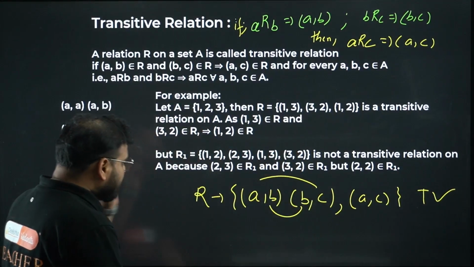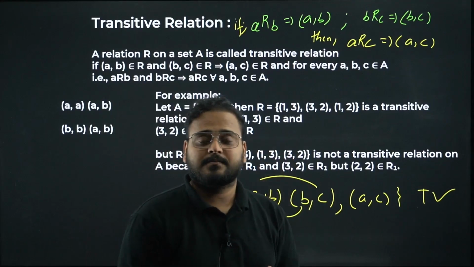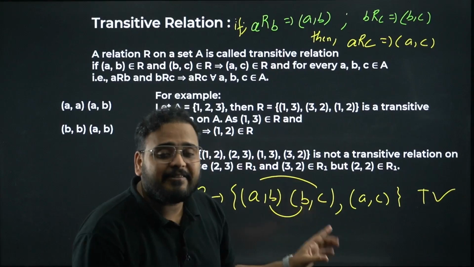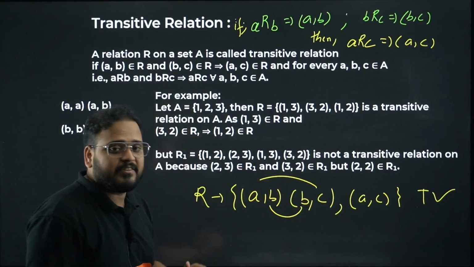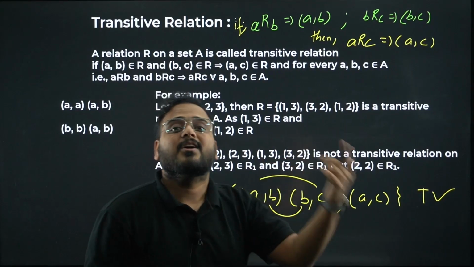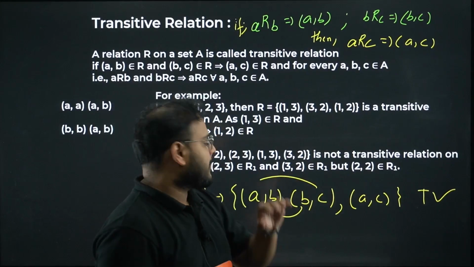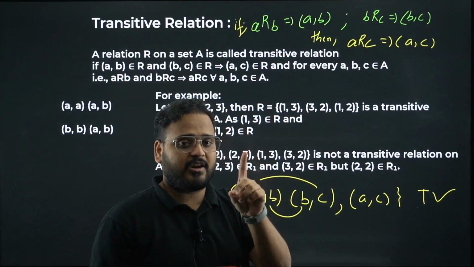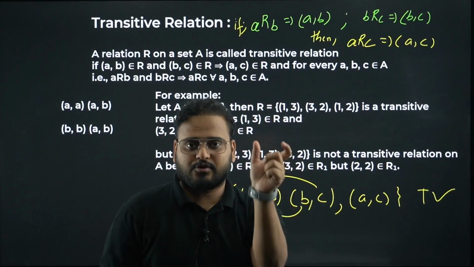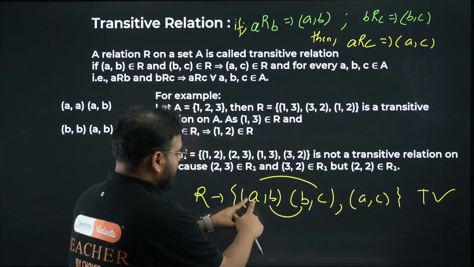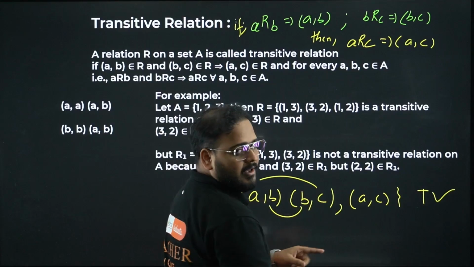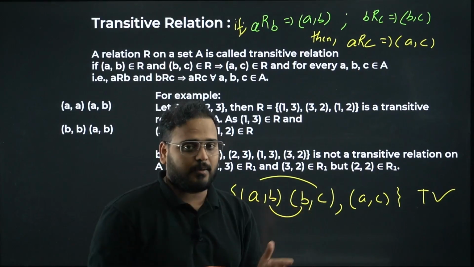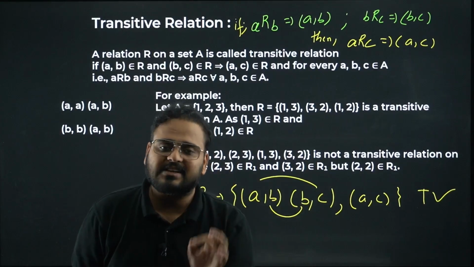The reason is, it's difficult to check for all the numbers possible. Even if for one set of numbers you can identify that it's not transitive, the whole relation becomes not transitive. Let's say a relation is defined on a set where the elements A, B, C are real numbers, and you are asked to find whether it is transitive or not.